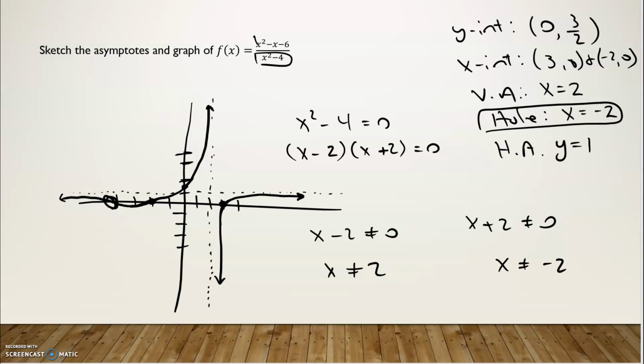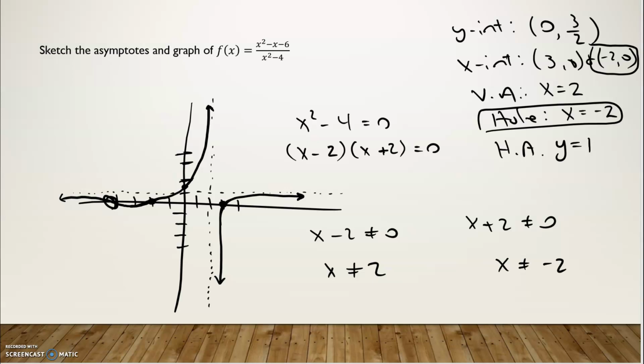Okay, we can't have x equal to -2 because that would make this entire fraction undefined. So when we said we've got intercepts at (3, 0) and (-2, 0), well, we can't have this one right here because that would make the entire fraction undefined.